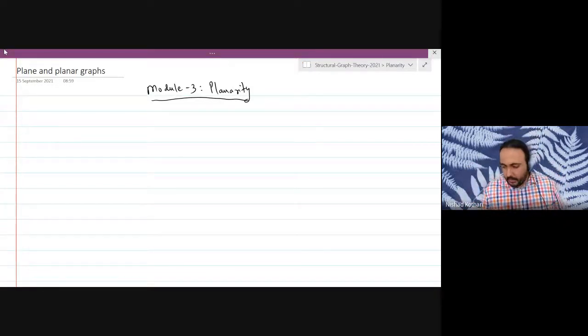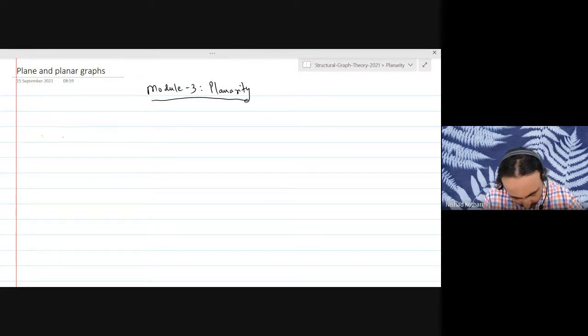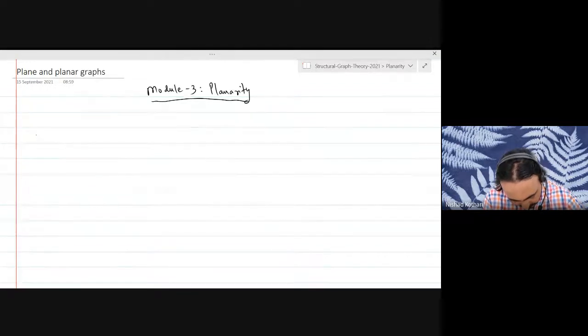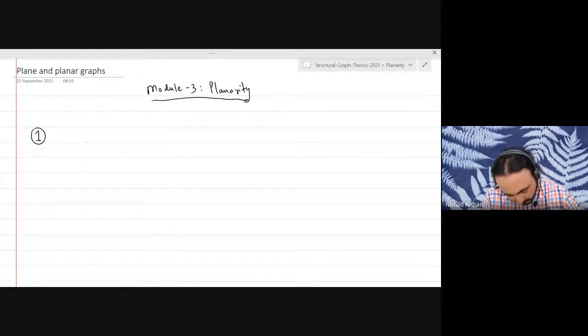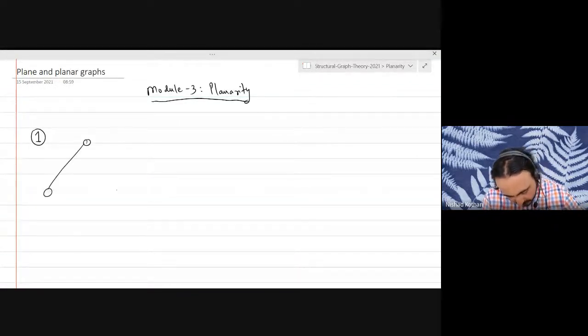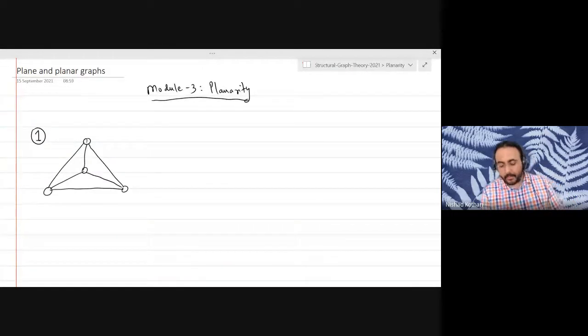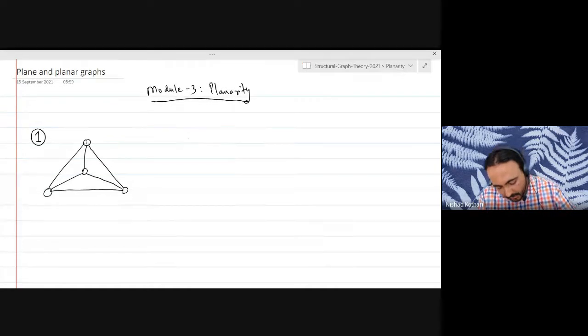Okay. So let's consider a few graphs. So this is the first example. Right, that's K4. That is also K4.